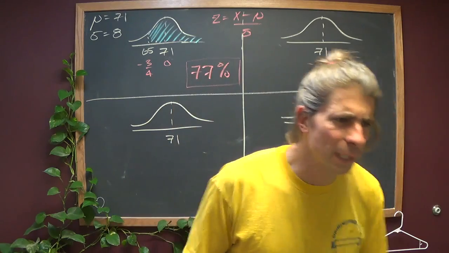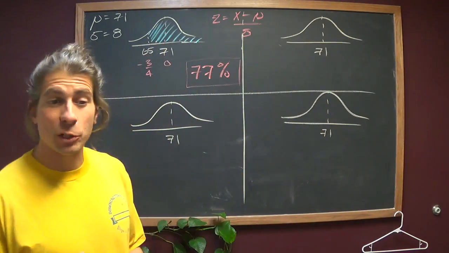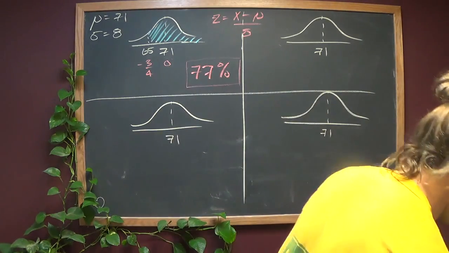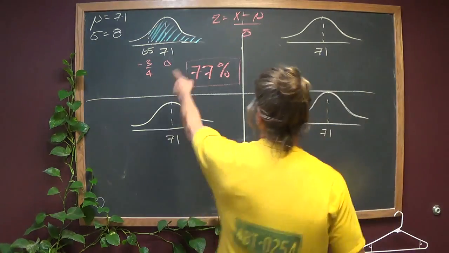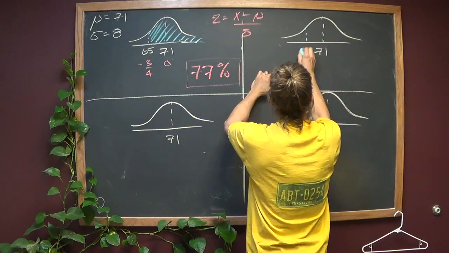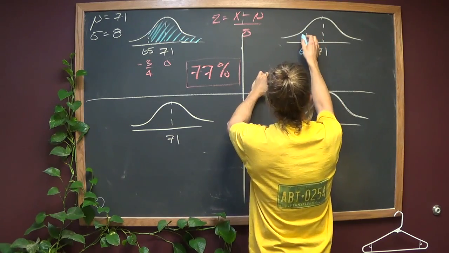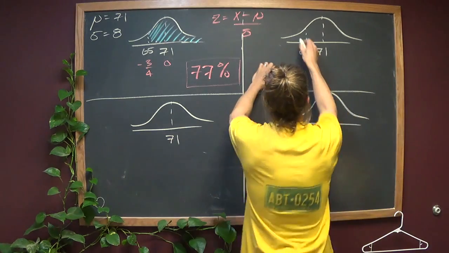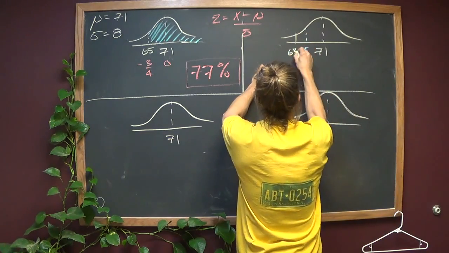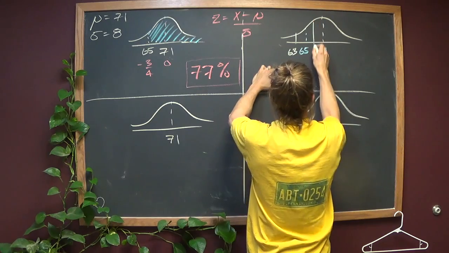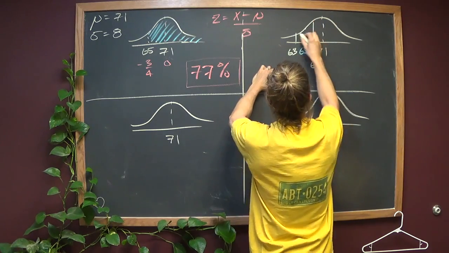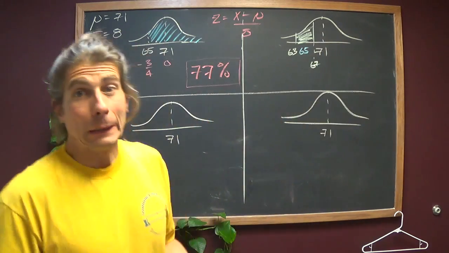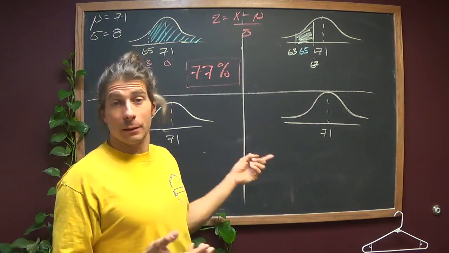Let's take a look at the next one. What percentage are traveling within 2 miles an hour of the speed limit? Okay, 2 miles an hour, so let's do this in blue, shall we? Speed limit again is 65 miles an hour. So within 2, I'm going to draw this a little bit not to scale, just to make it visible. That means we can be going as low as 63, as high as 67, or anywhere in between. And again, the key is to get z-scores.